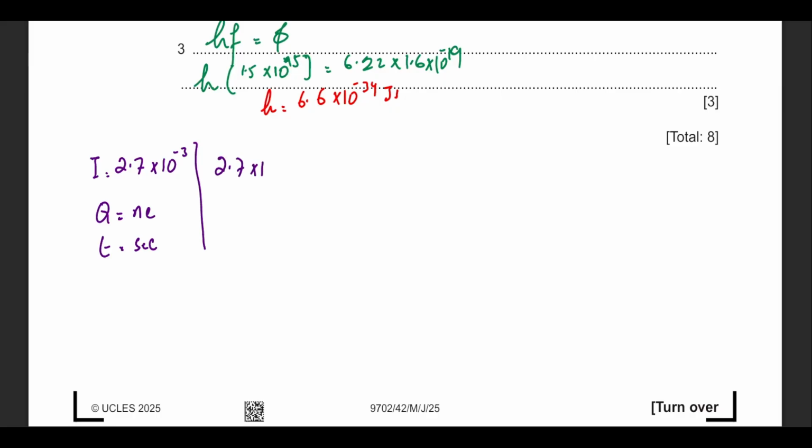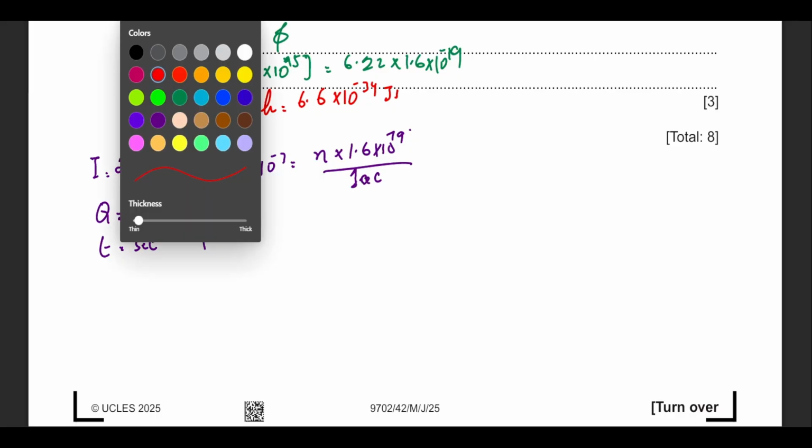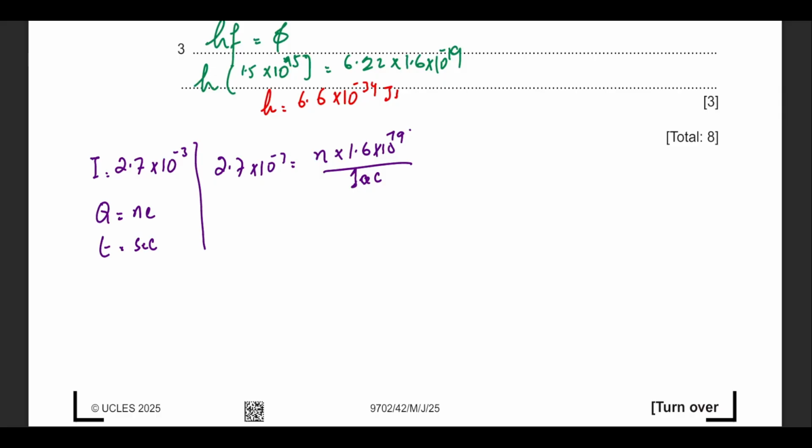So 2.7 into 10 raised to the power minus 3 equals number of electrons, which is 1.6 into 10 raised to the power minus 19, divided by time T, which is going to be taken as 1 second, because we're finding everything per unit watts. So when you take this to this side, we're solving for n, so this will come here.